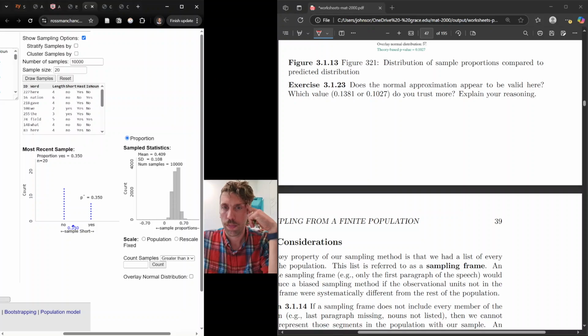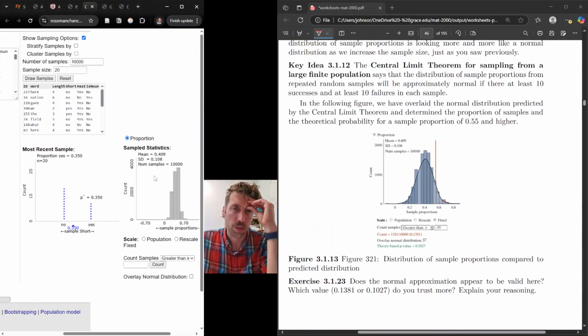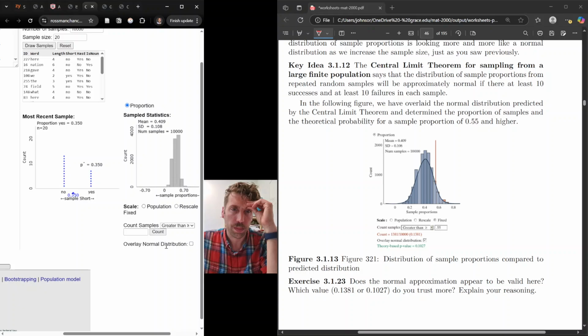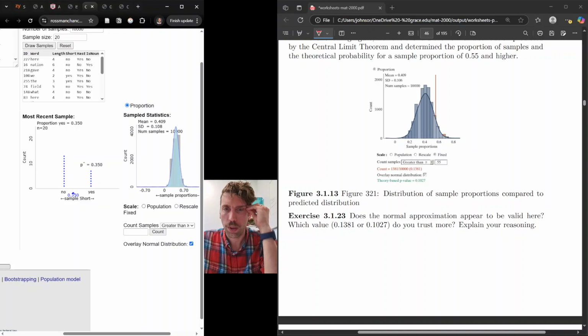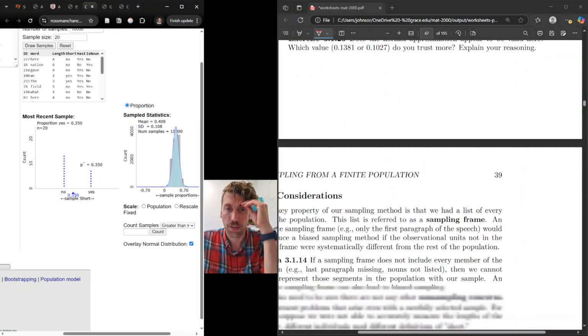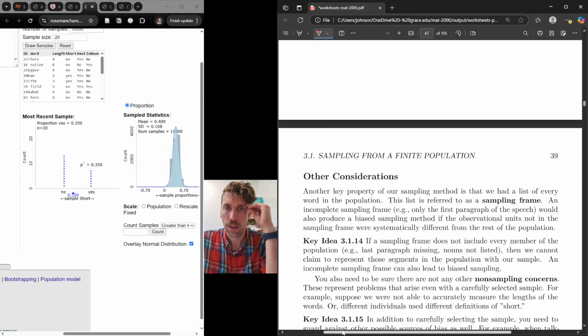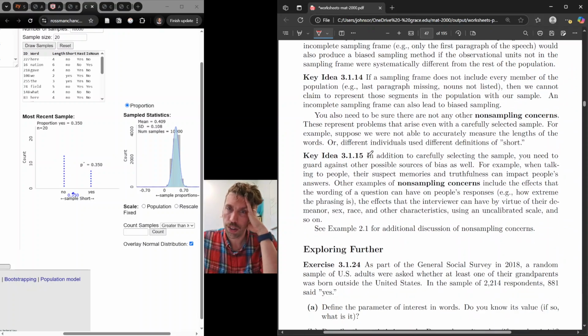So does a normal approximation appear to be valid here? Overlay normal distribution. Okay, so do that and tell me if it looks valid. So then other considerations, there's a couple key ideas.